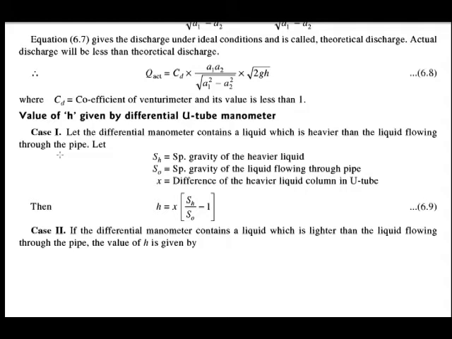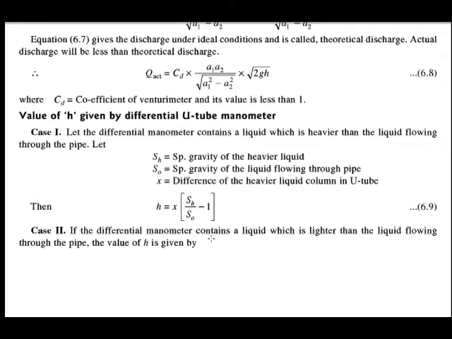Consider Sh as the specific gravity of the heavier liquid, So as the specific gravity of the liquid flowing through the pipe, and x as the difference of the heavier liquid column in the U-tube.